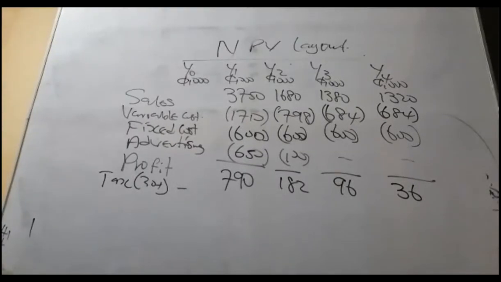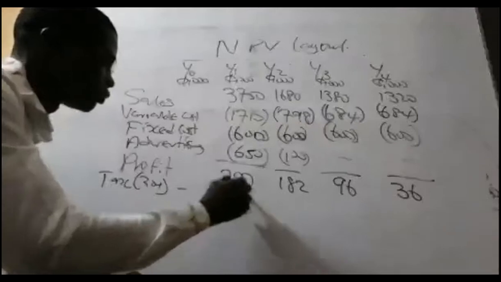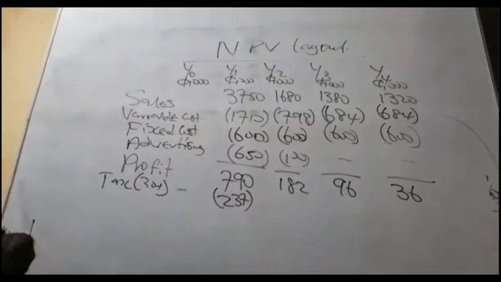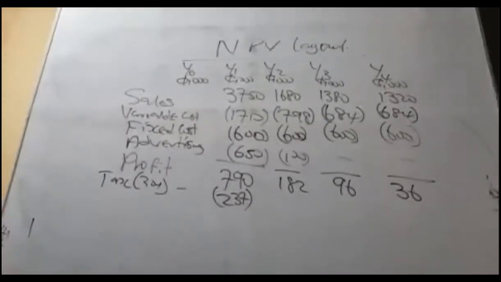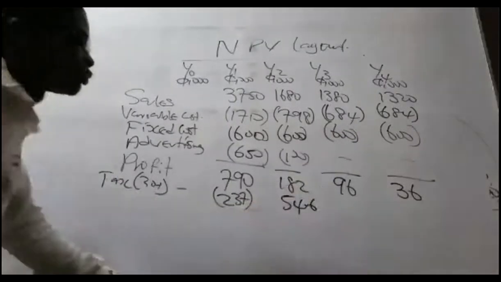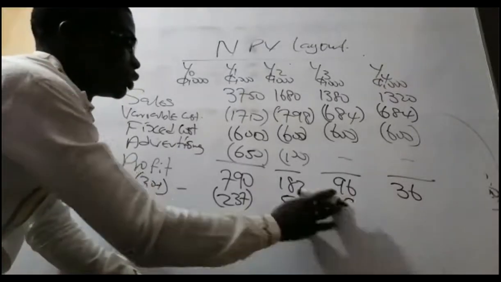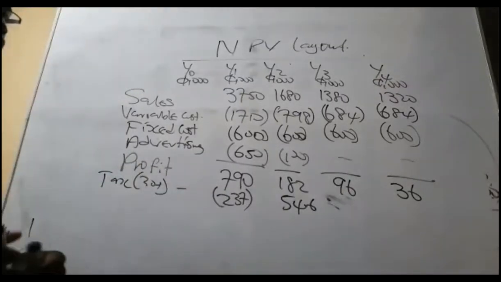You get 237 for the first year, put in brackets. Second one, 54.6. 28.8. And 10.8.